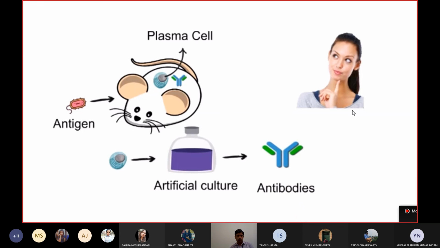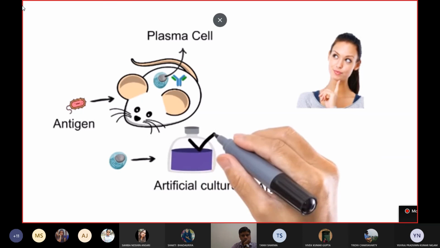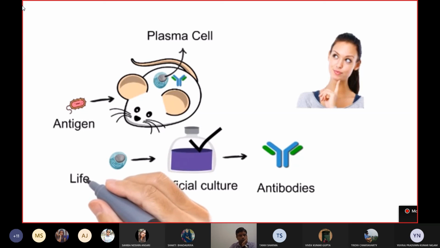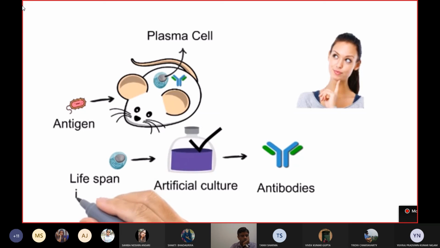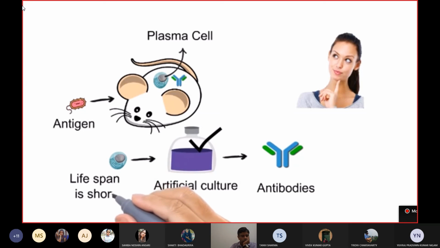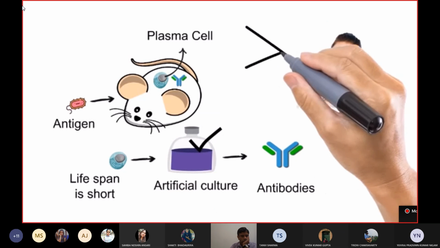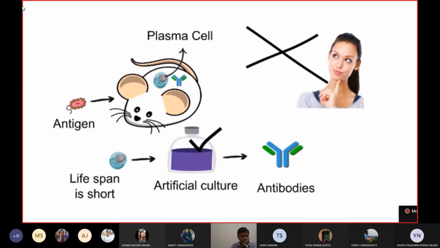It is correct. The plasma cells can be cultured into the artificial media, but the biggest problem is that the lifespan of plasma cells is very short. It is from few weeks to few months. And that's why we cannot produce antibodies for a long time from culturing them into the artificial media.